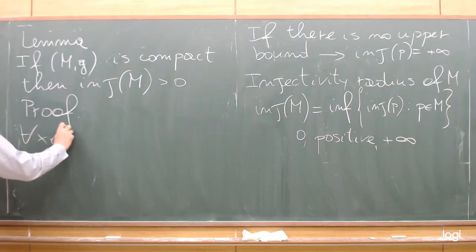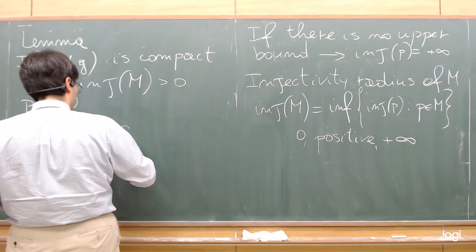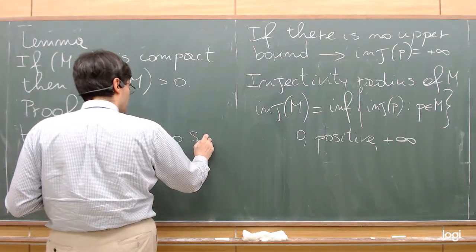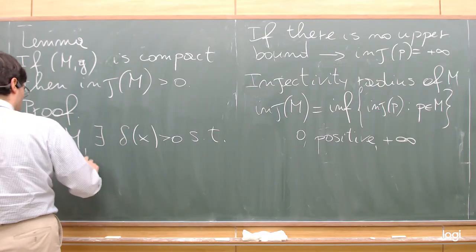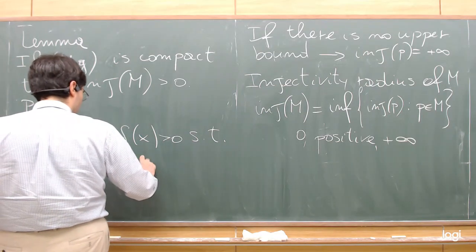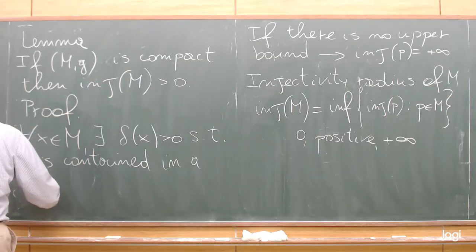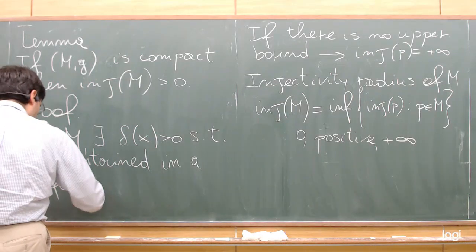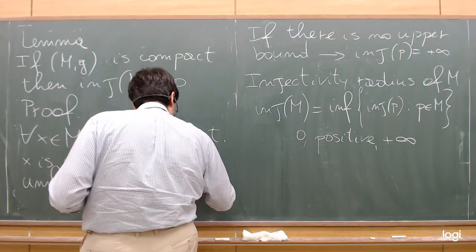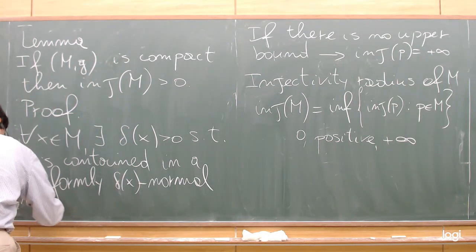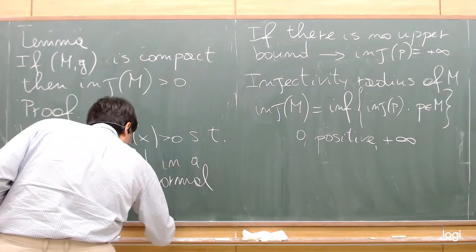For each x in M, there exists delta x positive such that x is contained in a uniformly delta x normal neighborhood Wx.